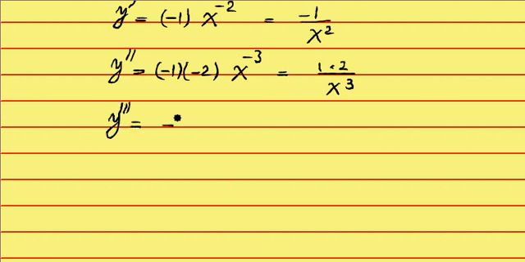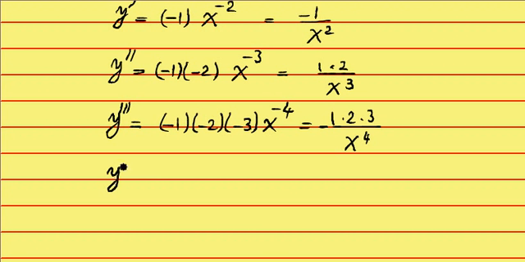Triple prime is going to be minus 1, minus 2, minus 3, x to the power of minus 4. That is 1, 2, 3 over x to the power of 4, except now I have an odd number of negatives, so the negative survives in this case.